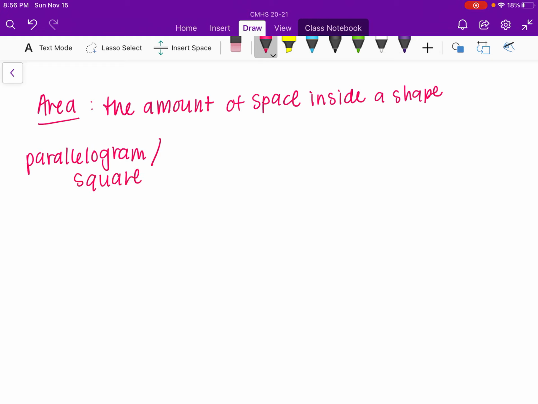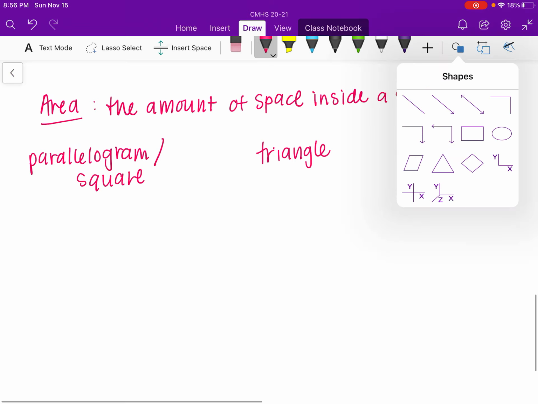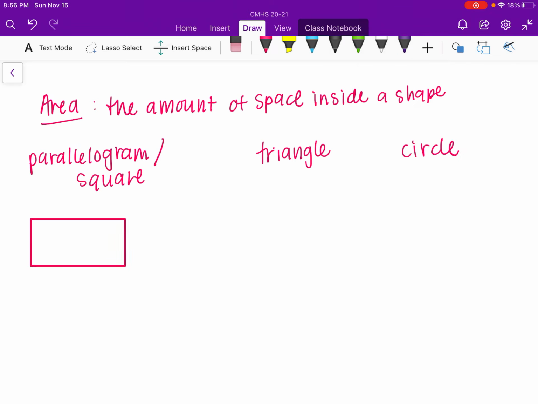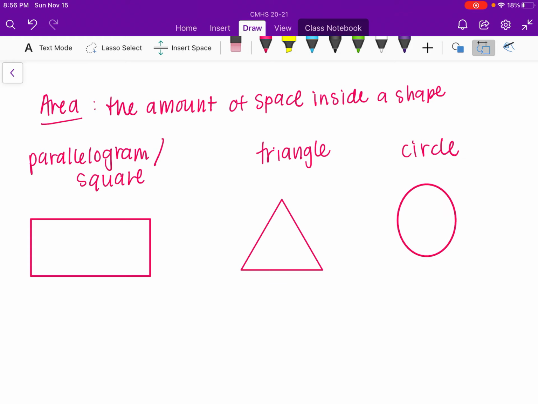We can join these two together this time. A triangle and a circle. I'm going to draw all my shapes here. All right, there are all my beautiful shapes.